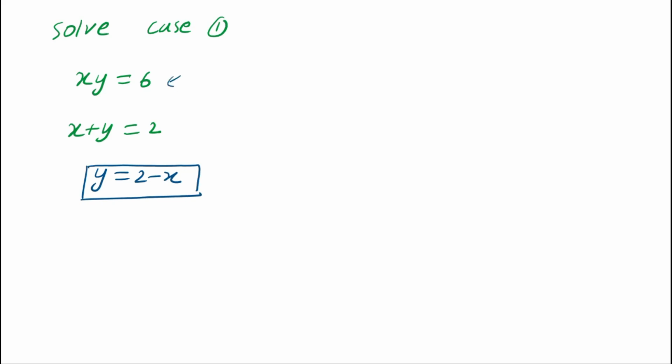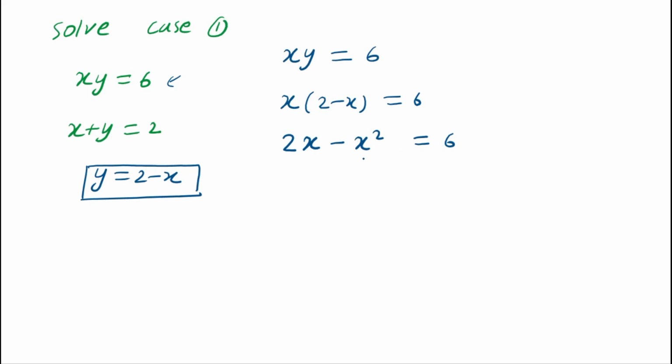Now look carefully, x times y, this is equals to 6, y is replaced by 2 minus x. X times 2 minus x, this is equals to 6. This x is multiplied by 2 minus x, then you will get 2x minus x square, and this is equals to 6. Look carefully, left hand side here coefficient of x square is negative.